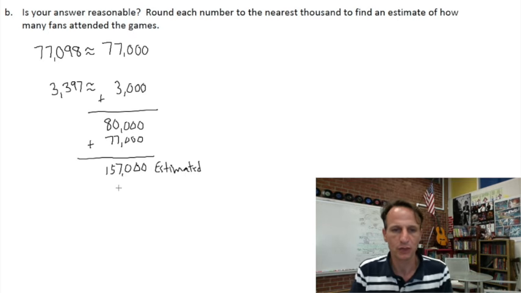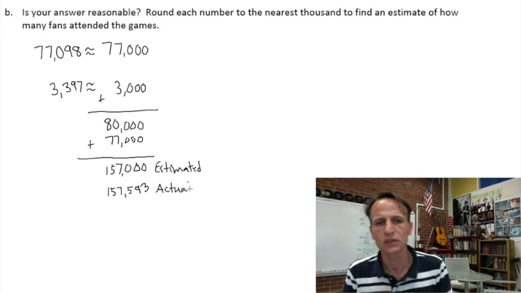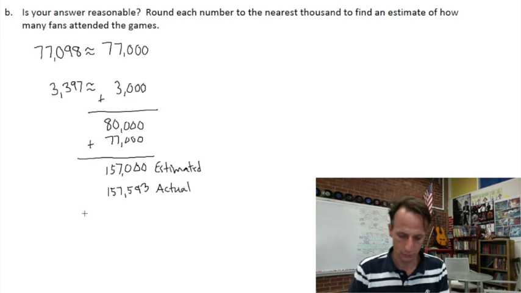So you have to remember our actual. What was our actual? Do you remember? It was 157,593, that's our actual number of fans at the 2 games. So when we compare these, we can see they compare pretty well.